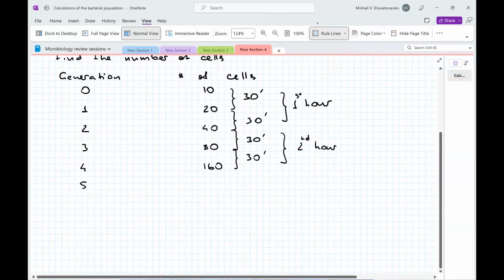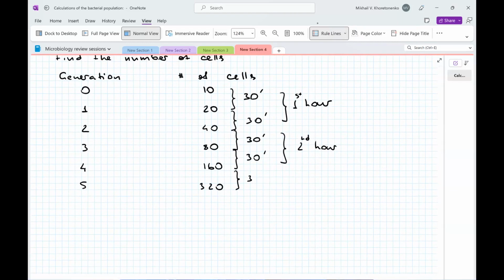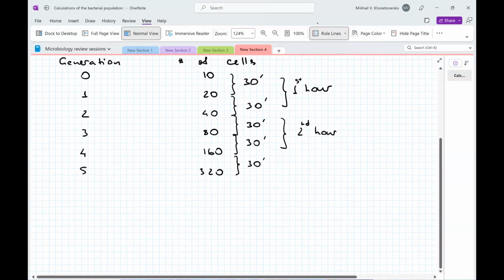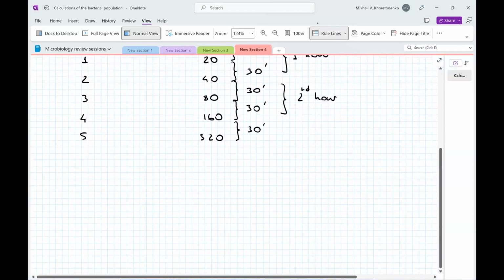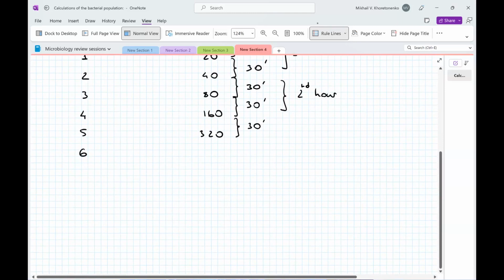At the 5th generation, the number of cells is 320. Another 30 minutes. The little apostrophe shows the minutes, okay? And then at the 6th generation, you have 640 cells.